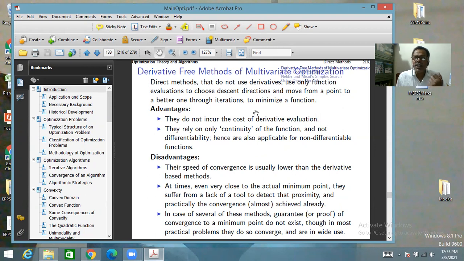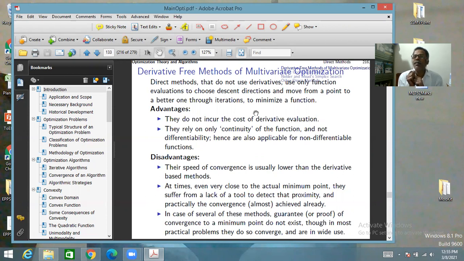Another problem which I find practically very limiting is that sometimes even very close to the actual minimum point, the algorithm doesn't know that it is very close to the actual minimum point. If the method uses derivatives, then the first order condition immediately gives an indication that you might have reached the minimum.